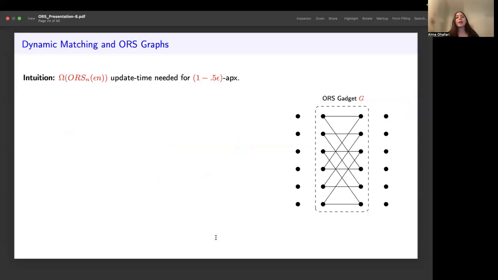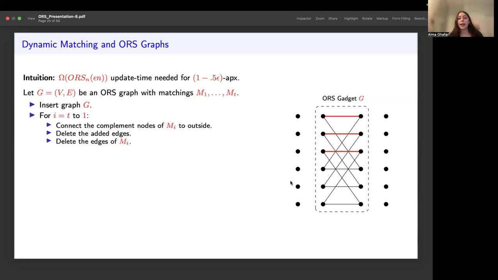So now let me talk about an example here that gives us some intuition why this structure appears in the problem of dynamic matching. Let's assume that we are given an ORS gadget graph G in our dynamic graph, and the adversary will do the following.